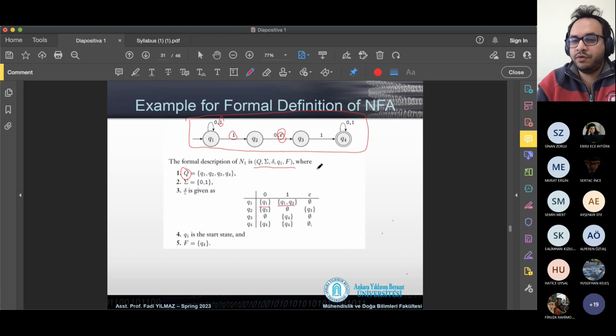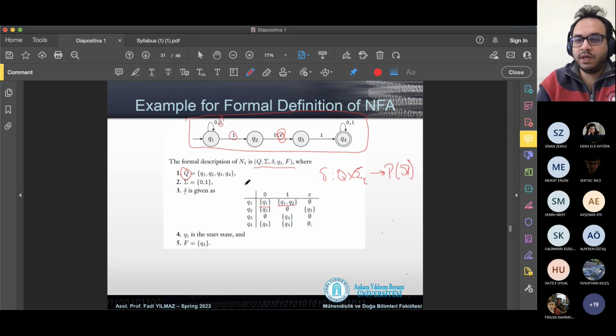So the transition function takes one state and one input, or epsilon, and goes to the power set of Q, right?